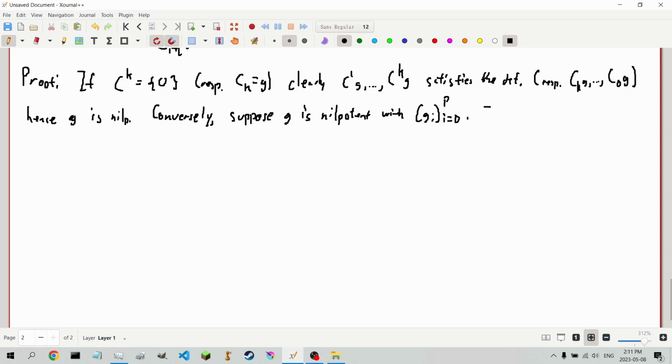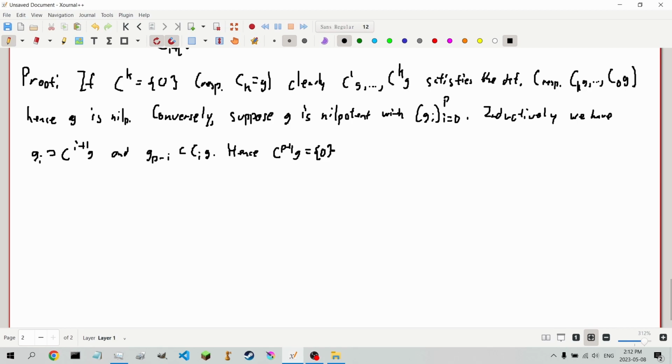Then inductively, we have that each of these G_i must contain C^(i+1) of G, and that G^(p-i) contains the C^i of G. Hence, C^(p+1) of G is equal to 0.